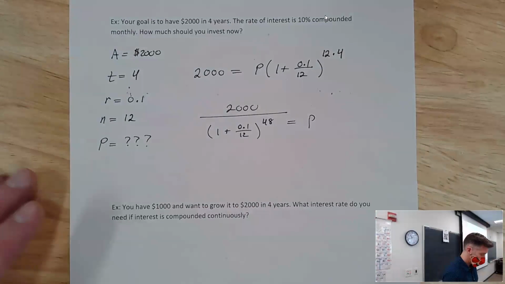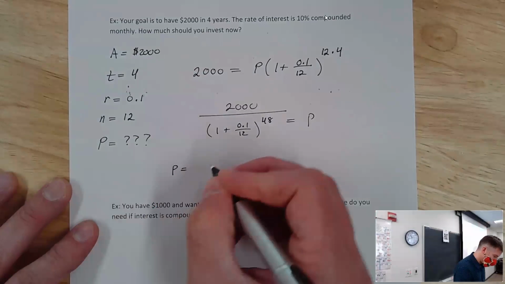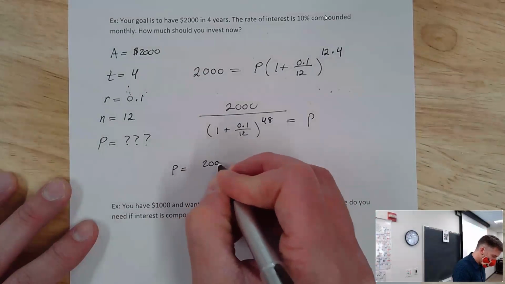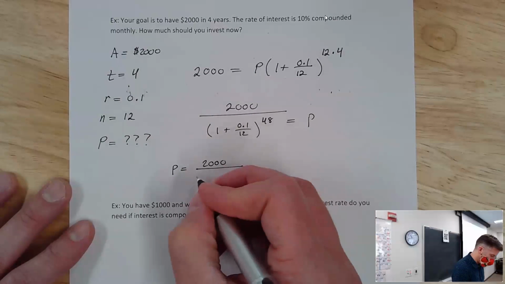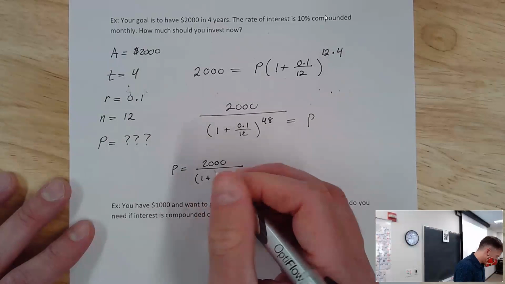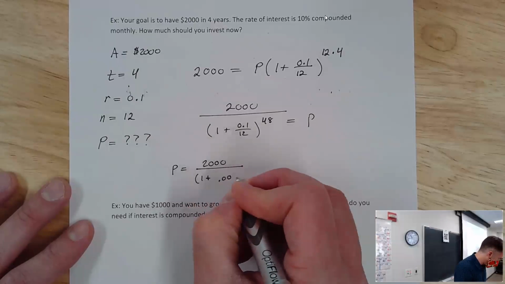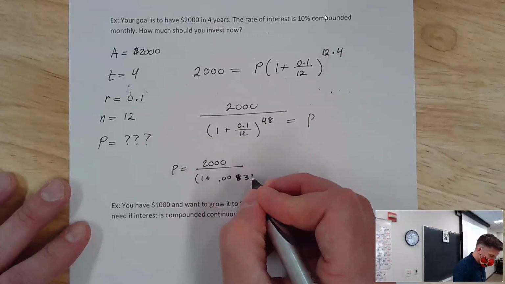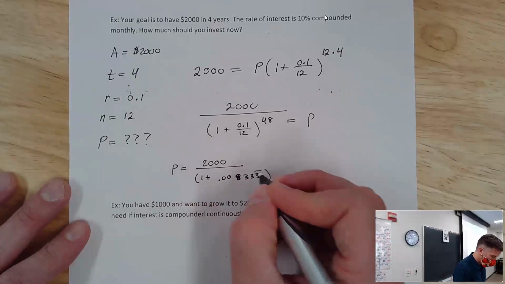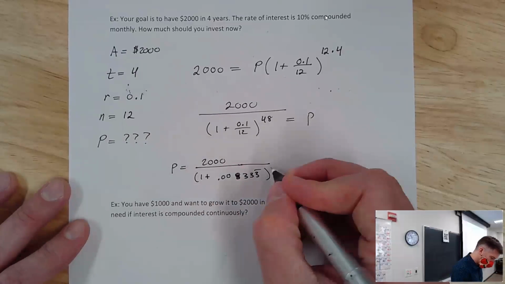And now we get a calculator. So, okay, if you do 0.1 divided by 12, it's about 0.0083 forever. Not 83 forever, I mean 8333333 forever. To the 48th power.